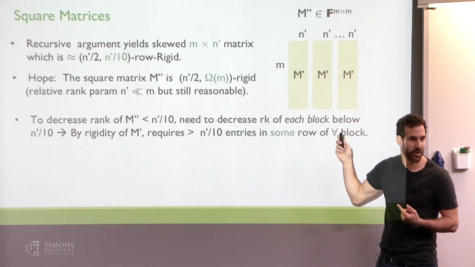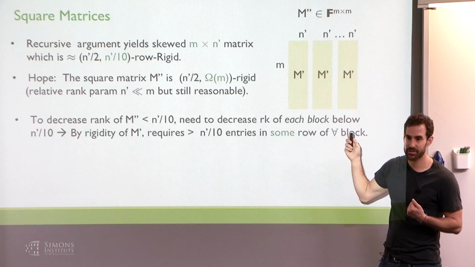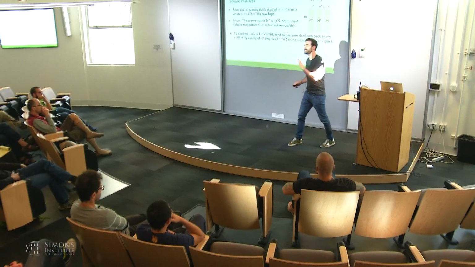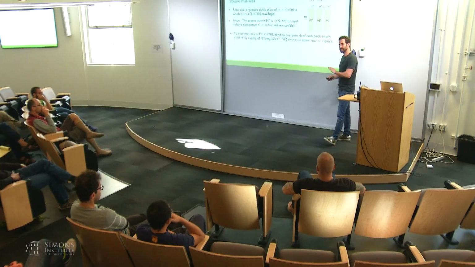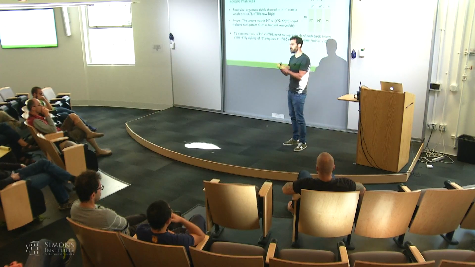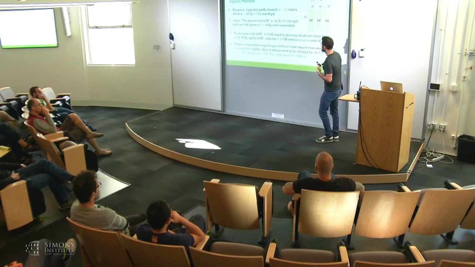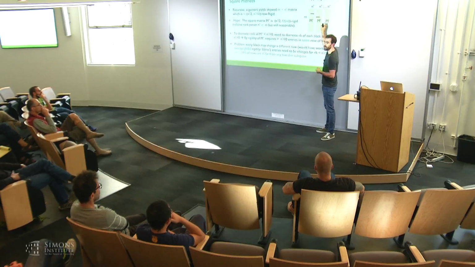There's just one problem. What is the problem? The rank is low. The rank is low. That is a problem, right? But that we're not going to solve. So you will prove a rigidity lower bound for a weaker rank regime relative to M. But there's a more problematic issue with this argument. The problem is that these rows that you need to modify may not be the same row.